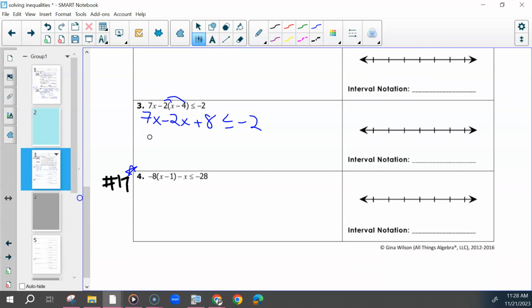So we have 7x minus 2x, which would give us 5x plus 8 is less than or equal to negative 2. Then the solving part is the same as everything else. Subtract 8. And divide both sides by 5. Is the sign going to change here? No, because we're not dividing by a negative.